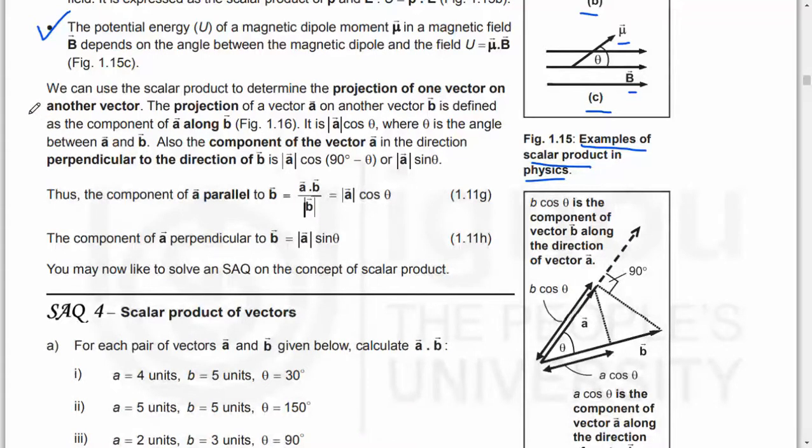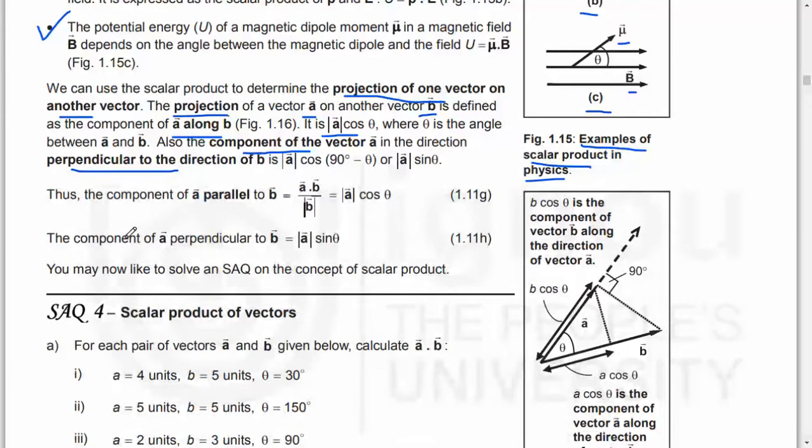We can use the scalar product to determine the projection of one vector on another vector. The projection of a vector A on another vector B is defined as the component of A along B. It is the magnitude of A times cos theta, where theta is the angle between A and B. Also, the component of the vector A in the direction perpendicular to the direction of B is A cos of 90 degree minus theta, or A sin theta.